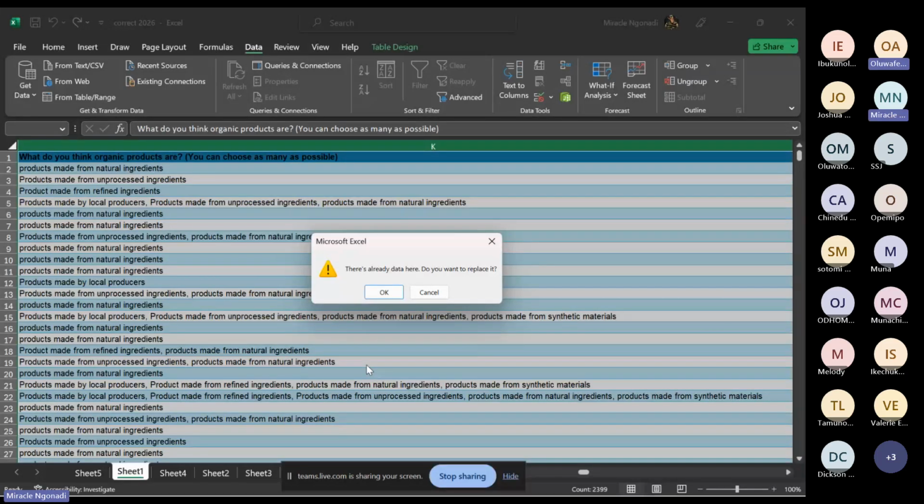Now, this is what's happening. When you put a checkbox, it means that people should pick as many options as applicable to them. So there are chances that somebody has picked maybe 8 options, and each and every one is separated with a comma.